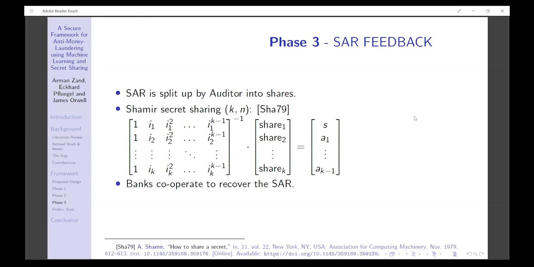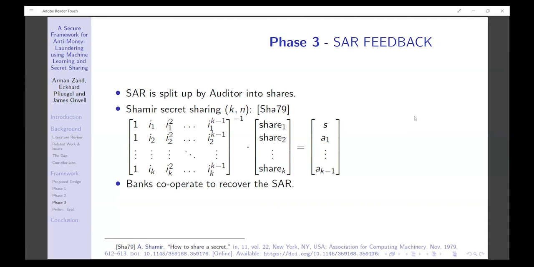A good example is to think of how some pirates have hoarded their plunder, they've got a treasure, and they've got these pirate captains who don't necessarily trust each other. So when they make the map, with the X marks the spot, they split up that treasure map into n pieces, right? N pieces. And once they have k, which is less than or equal to n, of those pieces, they can recover the information.